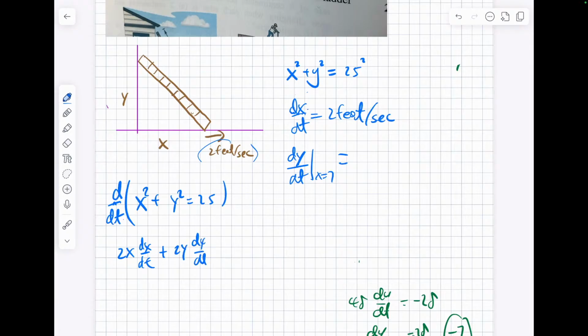Is that okay? Is equal to what? 0. That's why constant is your best friend, because there's no rate of change of a ladder. You don't want to have a moving ladder.